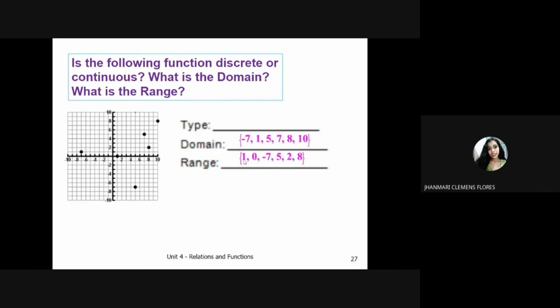Obviously the pairs are right here, but we don't need to write ordered pairs when it's already a Cartesian plane, because the Cartesian plane serves as a representation for this. For example, this one, -7, obviously belongs here. There we go.